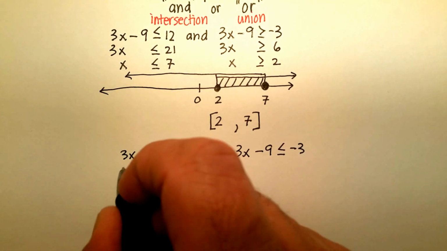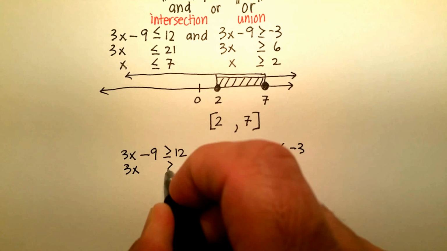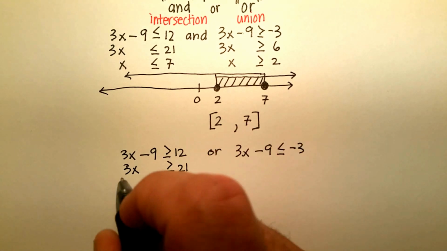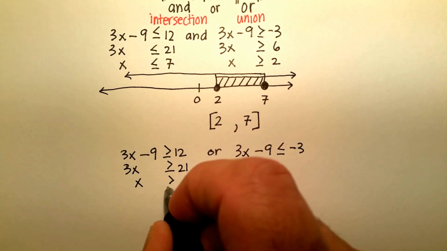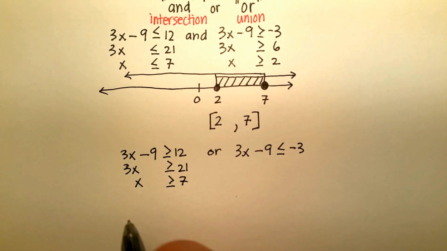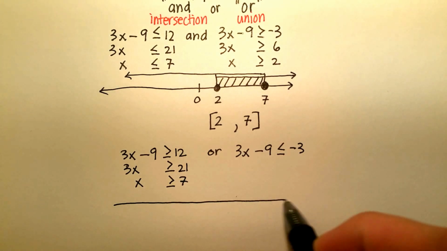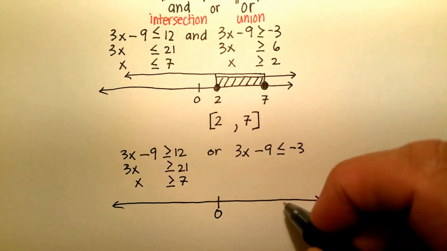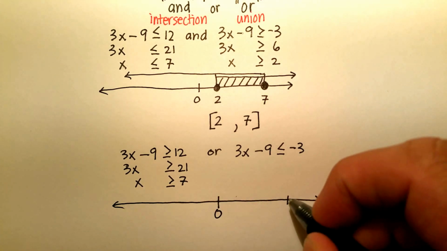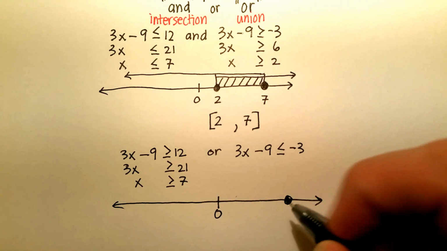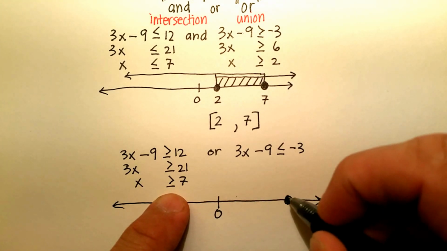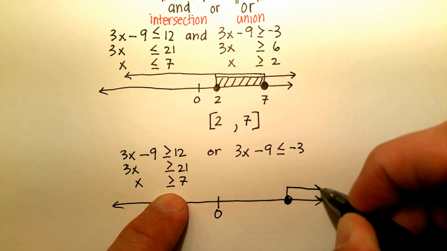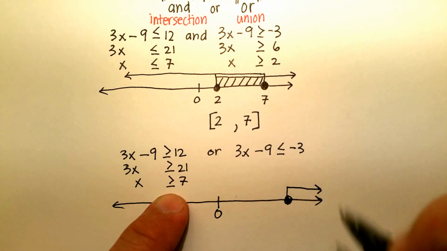Again, add 9 to both sides. 3x is greater than or equal to 21. Divide by 3. X is greater than or equal to 7. Go ahead and put my number line. Pretend that's 7. Fill it in again at the 7 because it's equal to, but now I am greater than, so I'm going in that direction.